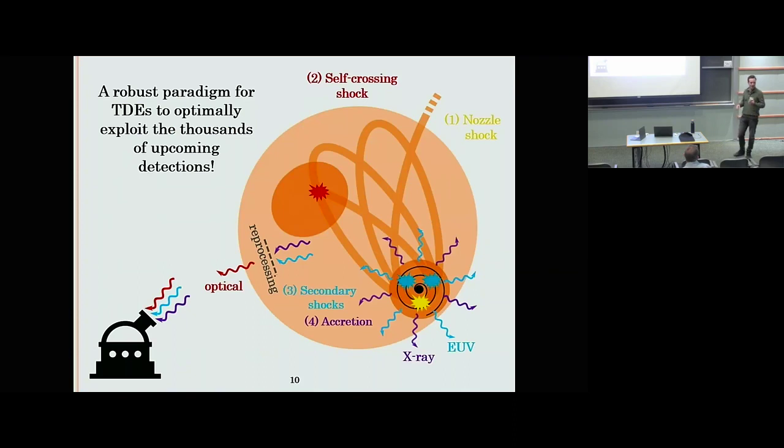Basically, if you change the black hole mass or increase beta, then the self-crossing shock will happen closer to the black hole, and so this will increase the heating rate. If you consider the black hole mass, as I mentioned, the heating rate will be reduced due to adiabatic losses. If beta changes, I don't think adiabatic losses will be the same because the fallback rate does not depend on beta.